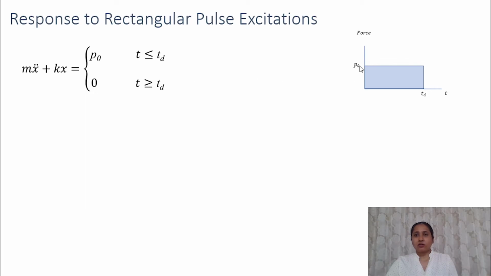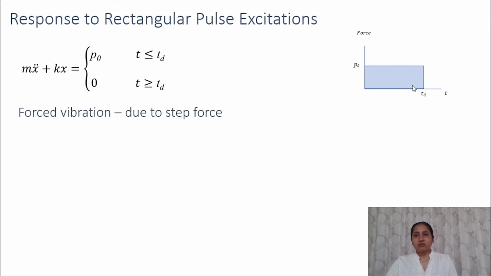P naught is the amplitude of the pulse, and it exists for a duration Td. We can express the force as this: the force is equal to P naught if t is less than Td, and the force is 0 if t is greater than Td. We can solve this equation and find the response.